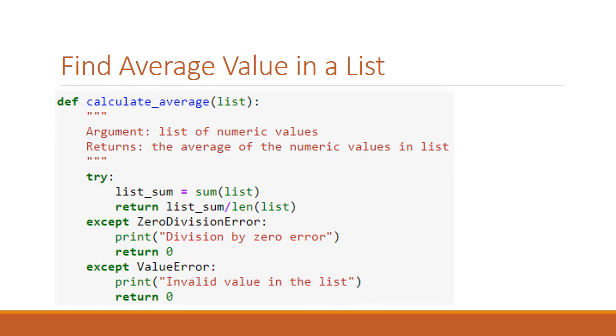So we find the sum of the list of values and we return the average, which is the sum divided by the number of elements in the list. We're going to guard against zero division error in case the list is empty, and we're going to guard against the value error in case there was an element in the list that's not numeric. And in both cases, we're going to return an average of 0.